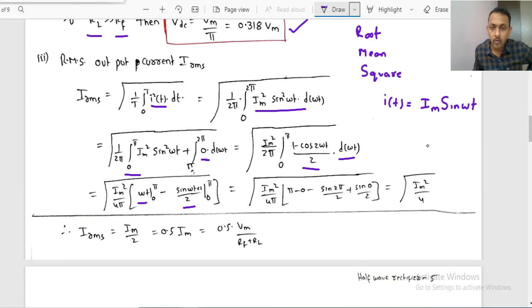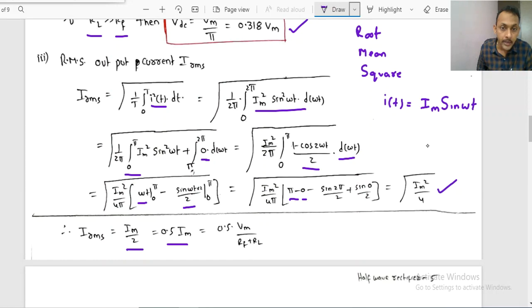Take out Im squared by 4π common: upper limit π minus lower limit 0, minus, in place of ωt substitute 2π, sin 2π by 2 plus sin 0 by 2. Sin 0 is 0, sin 2π is also 0. So it is simply π, which gets cancelled, root of Im squared by 4, which is nothing but Im by 2, 1 by 2, 0.5 Im. Very important. The RMS value of a half-wave rectifier is 0.5 times Im.